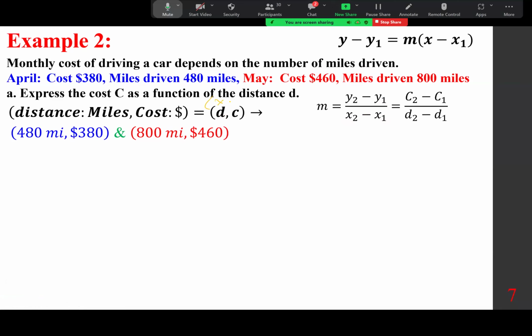Put x at top of d, y at top of c, and now this becomes easy to understand. So 460 minus 380 goes to the numerator, 800 minus 480 goes to the denominator. This is 80, this is 320. The answer is 1/4 or 0.25.